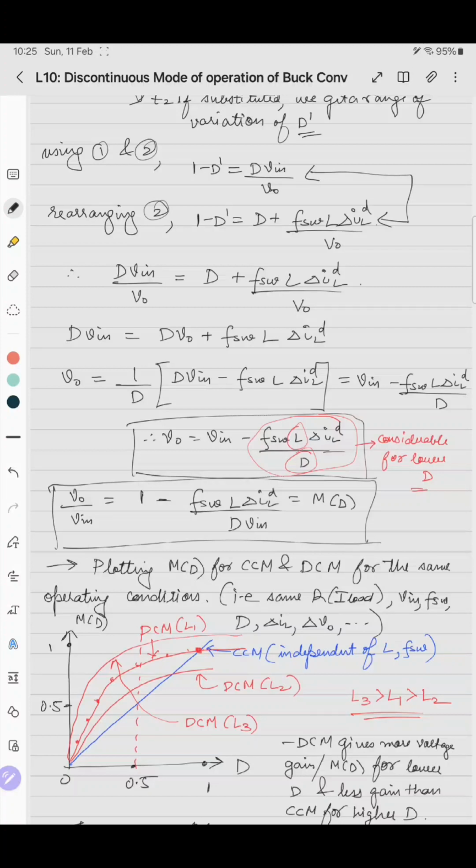We should have all the terms in terms of the plant parameters which are directly known to us. So again we have to replace delta IL of D in terms of the known plant parameters.